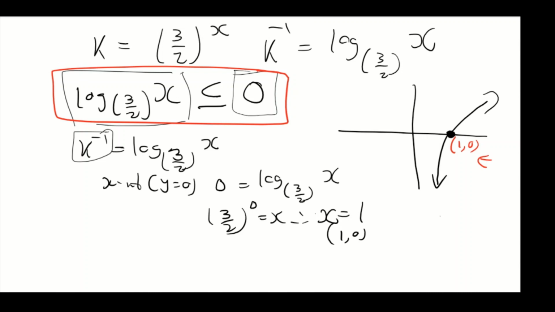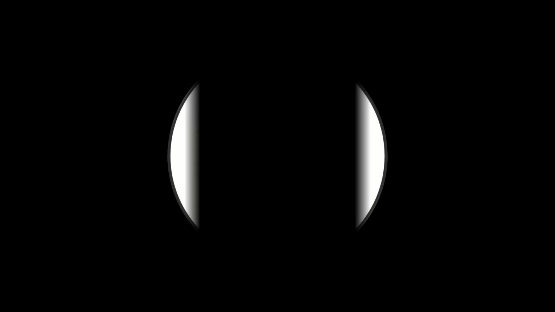To conclude, you can simply say when x is less than or equal to 1, our function is less than or equal to 0. So that is the final solution of x for this problem.